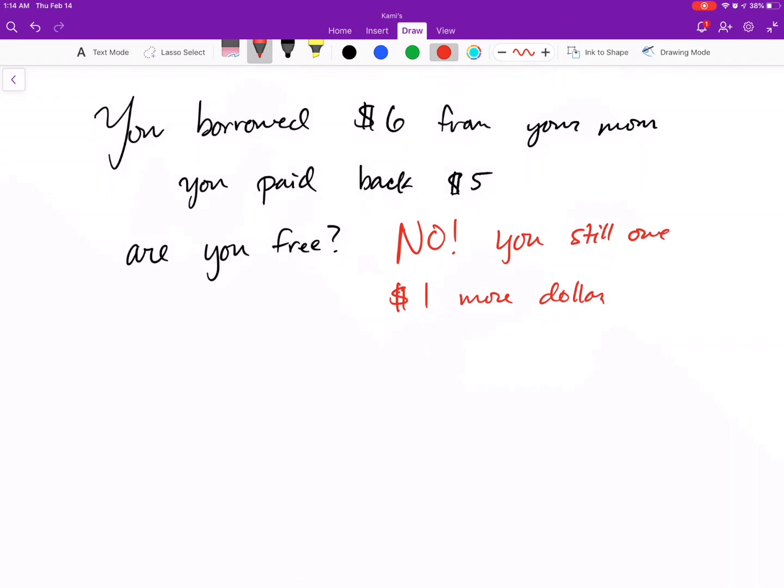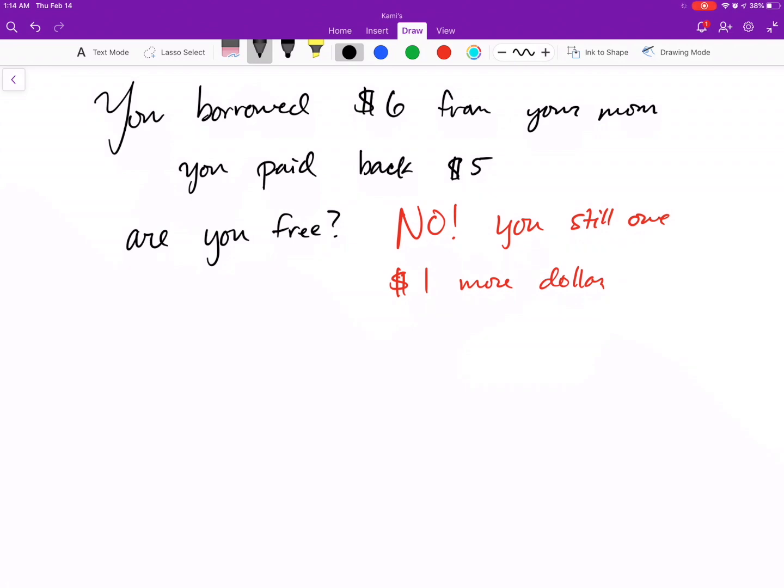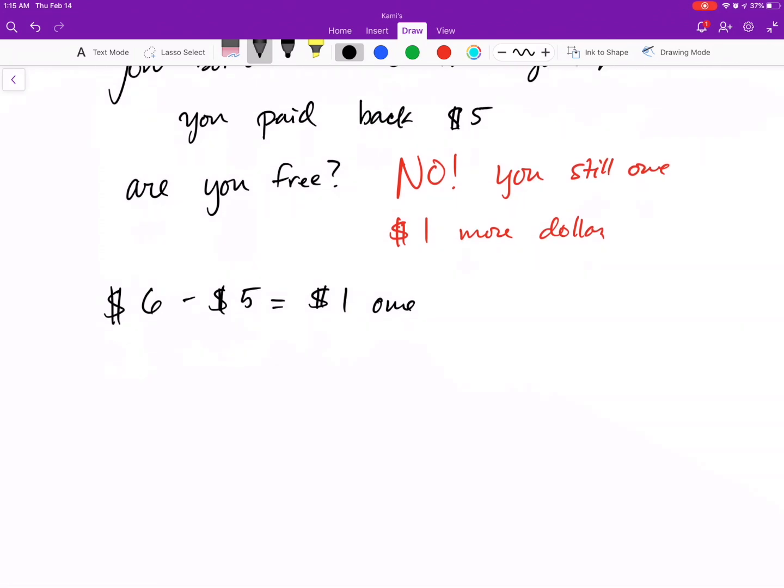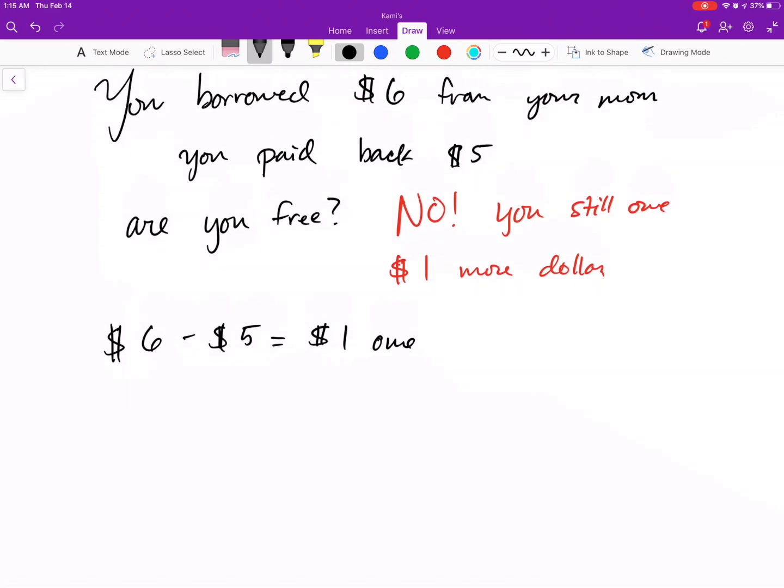And we can model that in an equation, right? So we had $6, right? So we borrowed $6. So we're going to borrow 6, but we're going to pay back 5, and we have $1. But this is what we owe. So if you really think about it, when we borrow something, we have negative value.